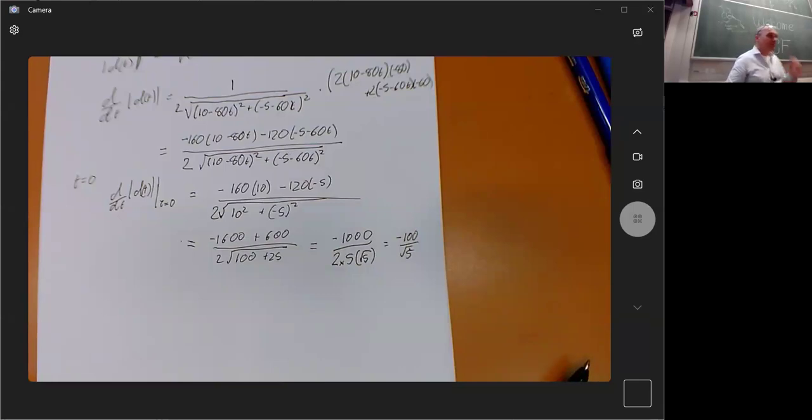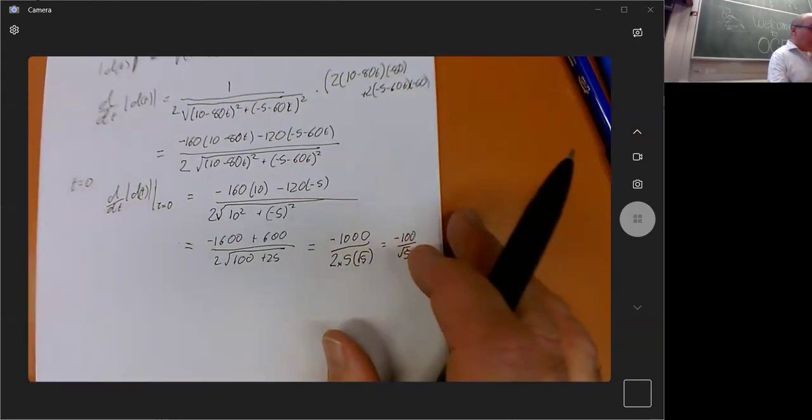So in actual fact, these cars are getting closer together. And I could ask, what time are they at their closest, or something like that. I wouldn't do it for 1B because that's too complicated.